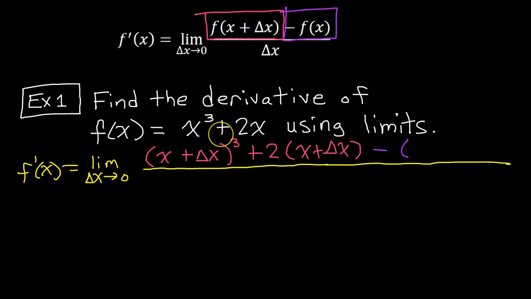The function itself is f of x. So I'm just going to do minus x to the third power plus 2x. And then in the denominator, it is just delta x. So it's really just all about simplifying this down.